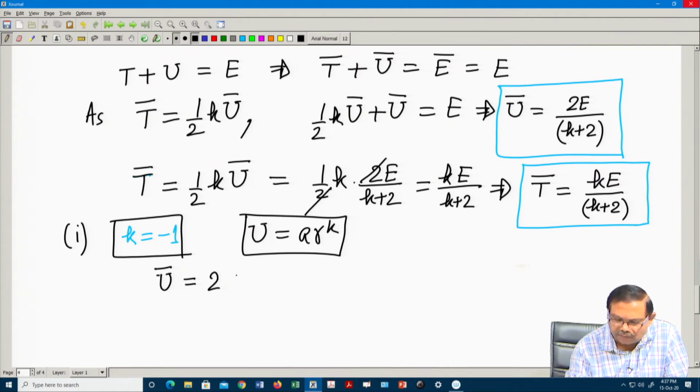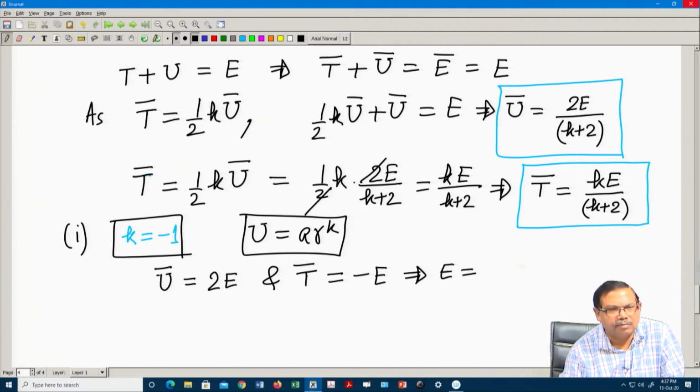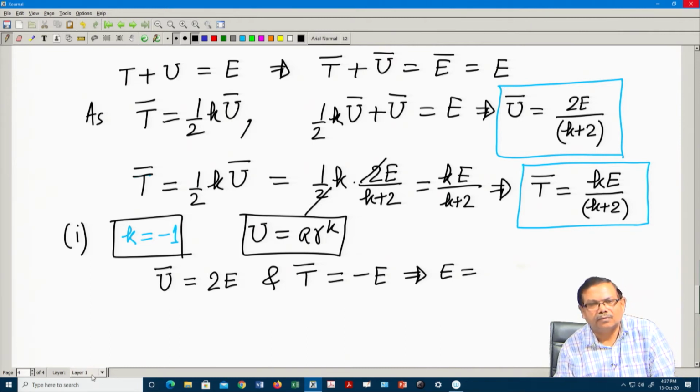And the time average value of kinetic energy, with k equal to minus 1, would be minus E. This means E is never positive, because kinetic energy is half m v squared, a quadratic function of velocity and mass, which is always positive.